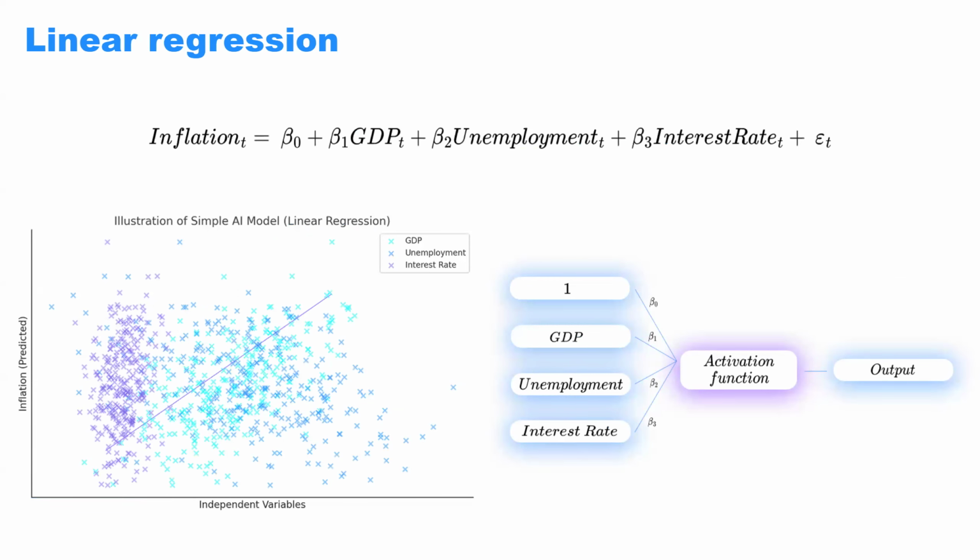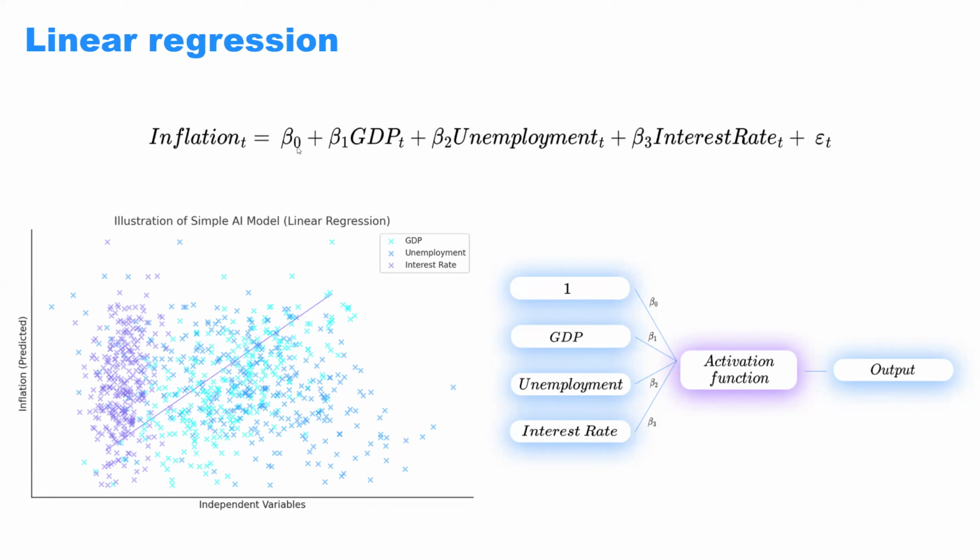But let's start with some familiar concepts like linear regression. For example, we have the task to predict inflation based on different parameters, for example GDP, unemployment, and interest rate. So we just make a weighted sum of these parameters.